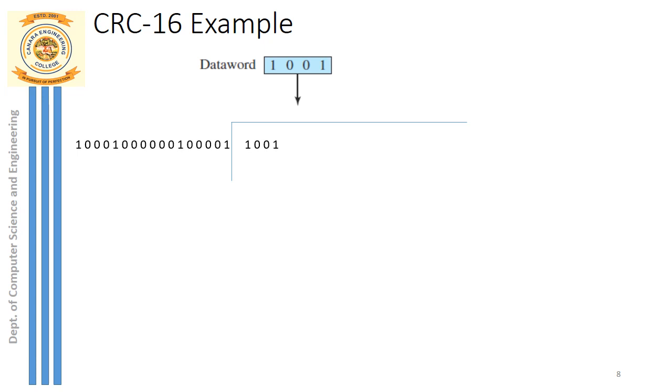Before starting the division operation at the sender side, we augment, or append, an augmenting word. Here since there are 17 bits in the divisor, we add 16 bits as the augmenting word to the data word. And we start the division operation exactly the same as what we have done in the previous slides.